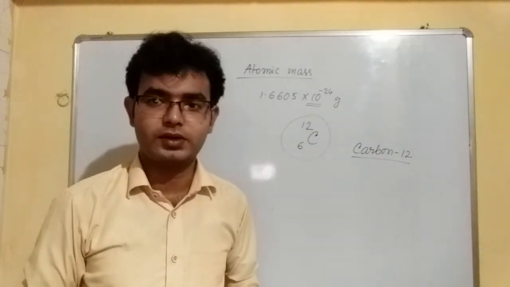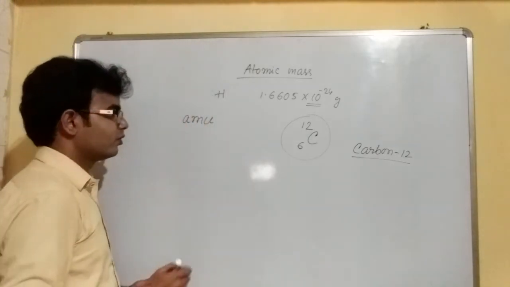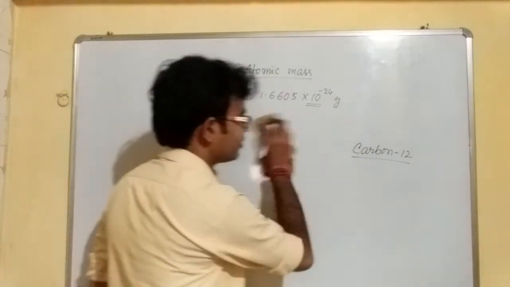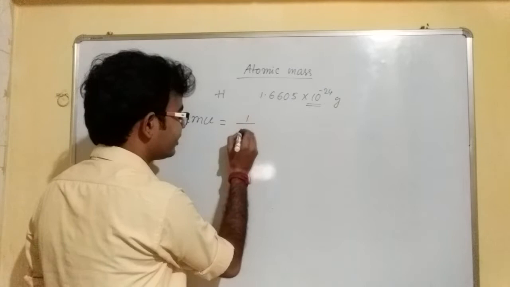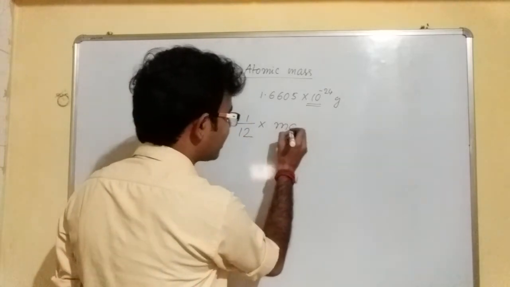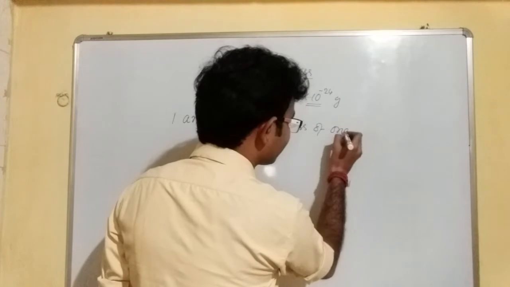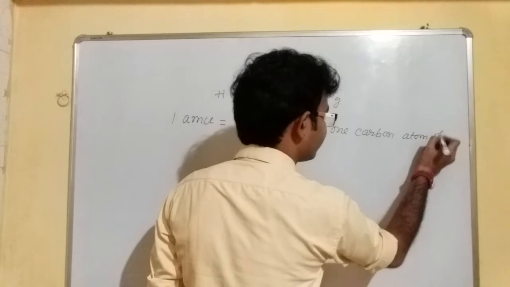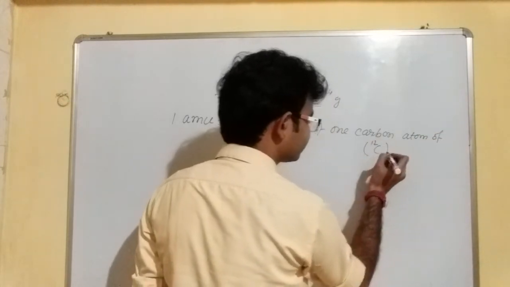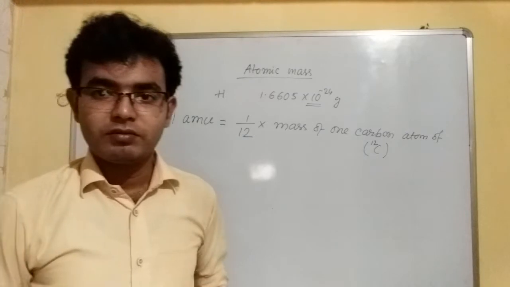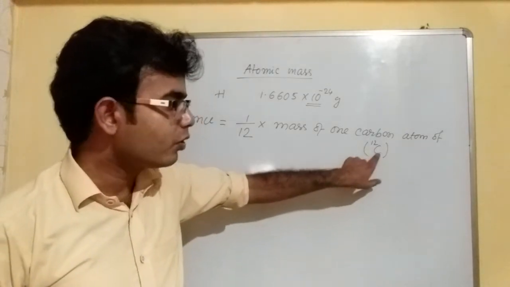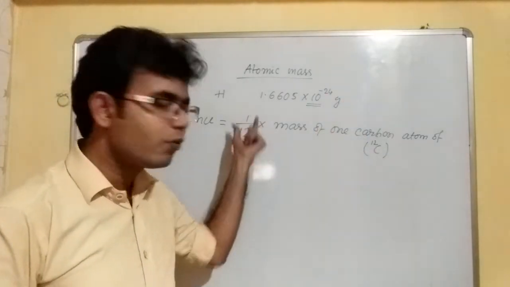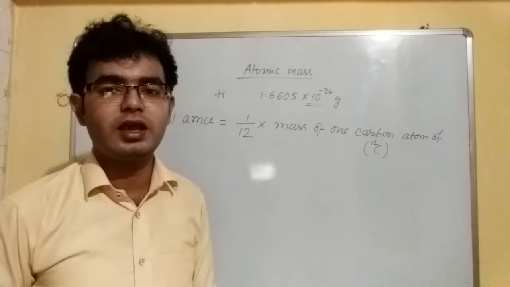Now, 1 AMU is 1/12 into the mass of one carbon atom of C12. Okay, means the mass of one atom of C12 into 1/12, that will be 1 AMU.